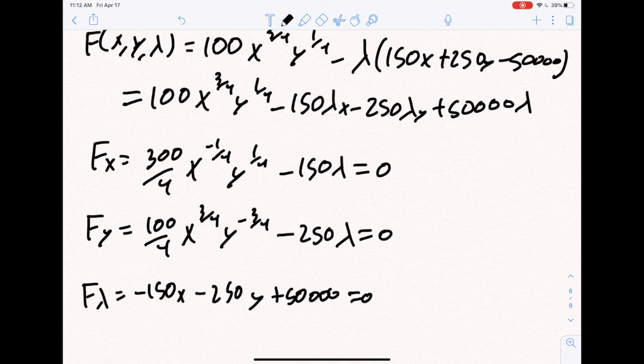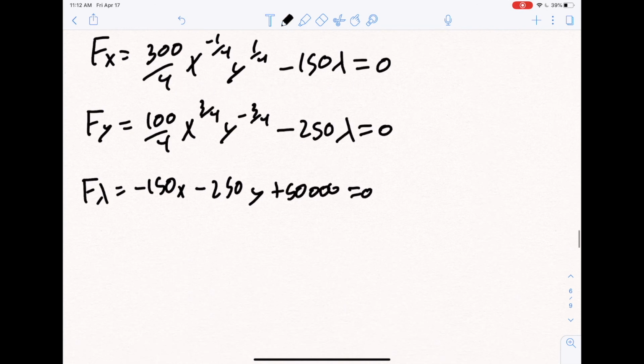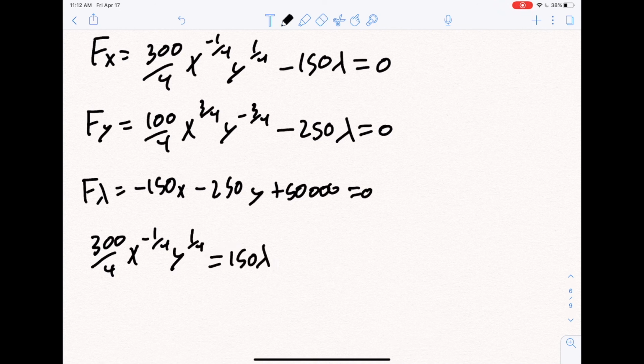Okay, given this first equation here, let's solve for lambda. So what we know is 300 over 4 times x to the minus 1 over 4 times y to the 1 over 4 equals 150 lambda. And so now we can divide both sides, and we get lambda equals 1/2 x to the minus 1 over 4 y to the 1 over 4.